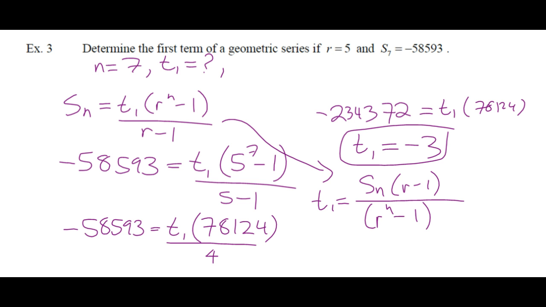What do I care about? I care about this, this is what I'm looking for. When I'm marking, it says determine. What does determine mean? Show your work. It wants you to show your work. So what am I looking at? They got t1 is negative 3. We have an answer. Now, is there work that backs up that answer? If there's a whole pile of stuff and I don't know what they're doing, and then it comes out as negative 3, maybe you used a calculator or something.